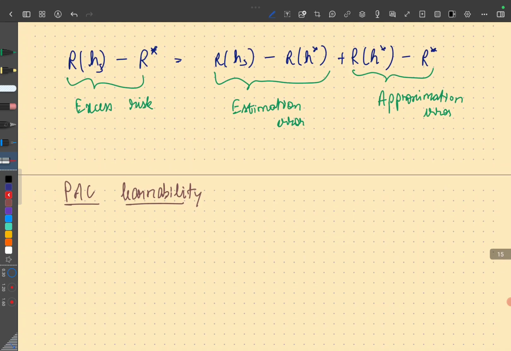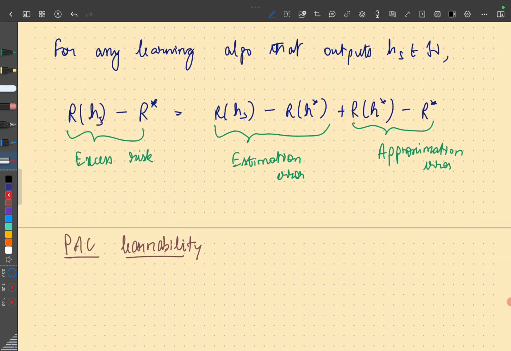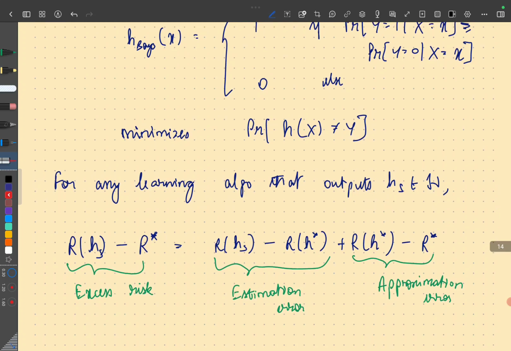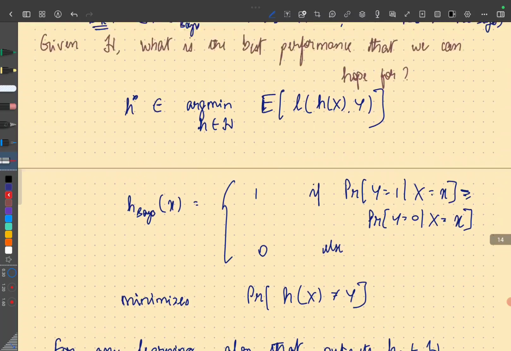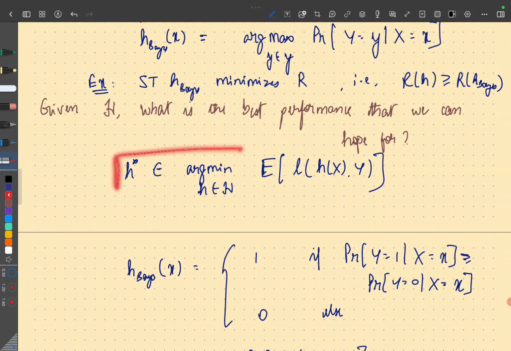In the talk you mentioned h star belongs to... so it means that h star might not be unique. H star may not be unique. That's why I use this notation, h star belongs to argmin. There could be two solutions that achieve the same minimum risk.